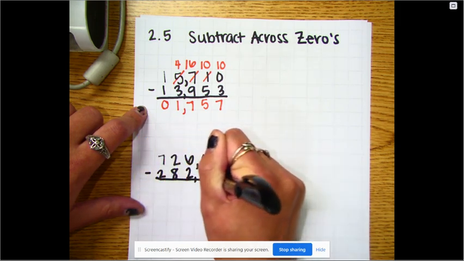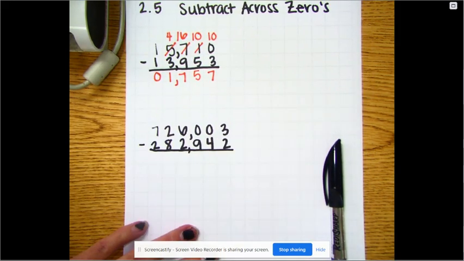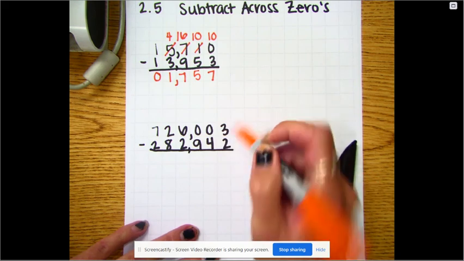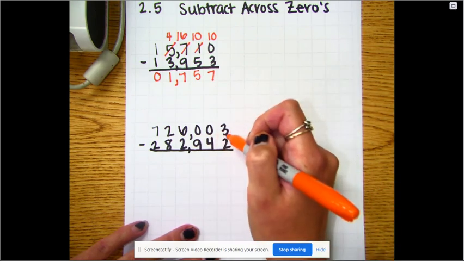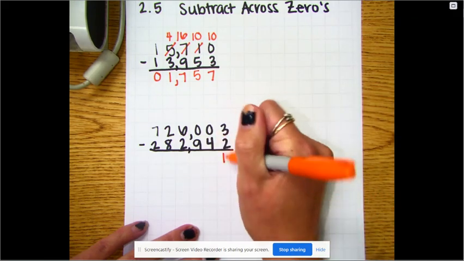We've lined up our digits so they are in the right placeholder. They're nice and neat. And 3 take away 2. Pretty simplistic. 3, 2, 1. 1 is our answer, our difference.